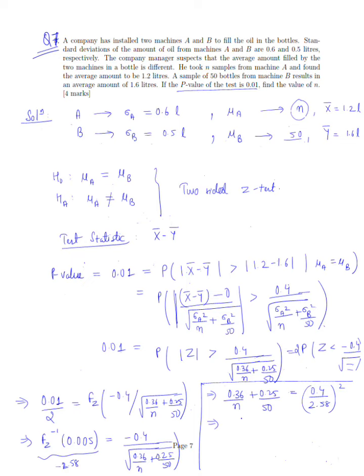So it becomes 0.36 divided by n equal to 0.024 minus 0.005. So n comes out to be approximately 18.947, that is approximately 19. So the value of n is going to be 19. This is the correct answer.